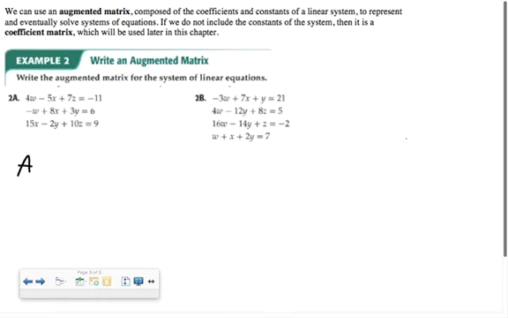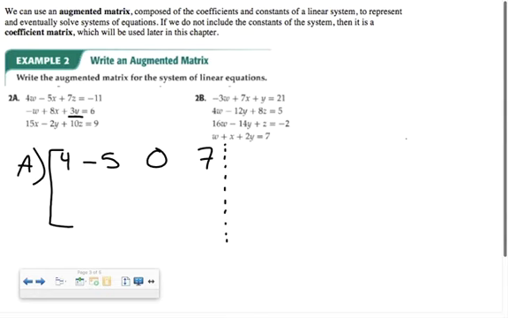In part A, I would have 4, negative 5. Notice that there's no y term, where y terms do exist in this system, so I need to put a 0 there as a placeholder for it. And then 7, and then I have the line of separation between coefficients and constants, negative 11.